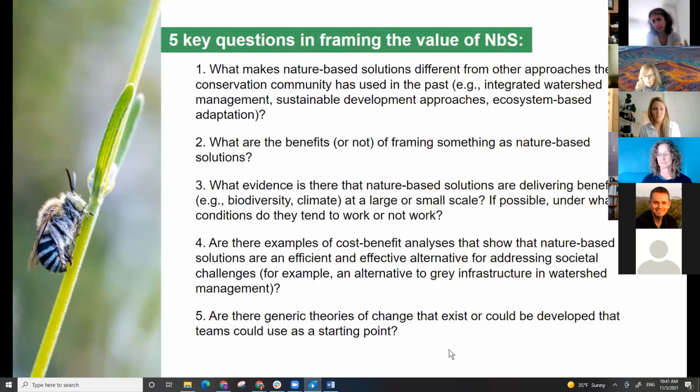We're also looking for examples of cost-benefit analysis work that might have been done to show if they're an efficient and effective alternative to some of the other work that happens around addressing challenges of society. So some of the grey infrastructure engineering type work in the watershed, wash space, for example. And then we'll also be looking at whether there's any generic theories of change, and so far I haven't found any, so we'll develop one up as a starting point.